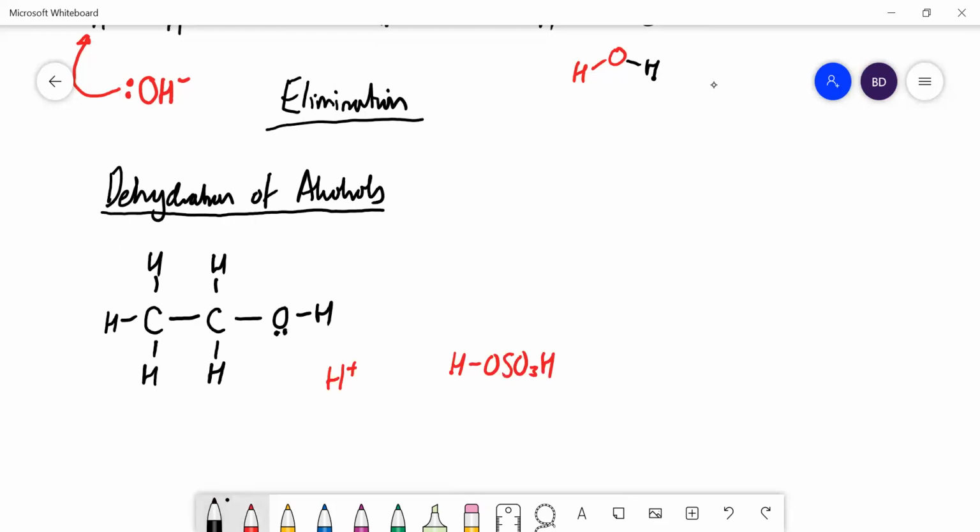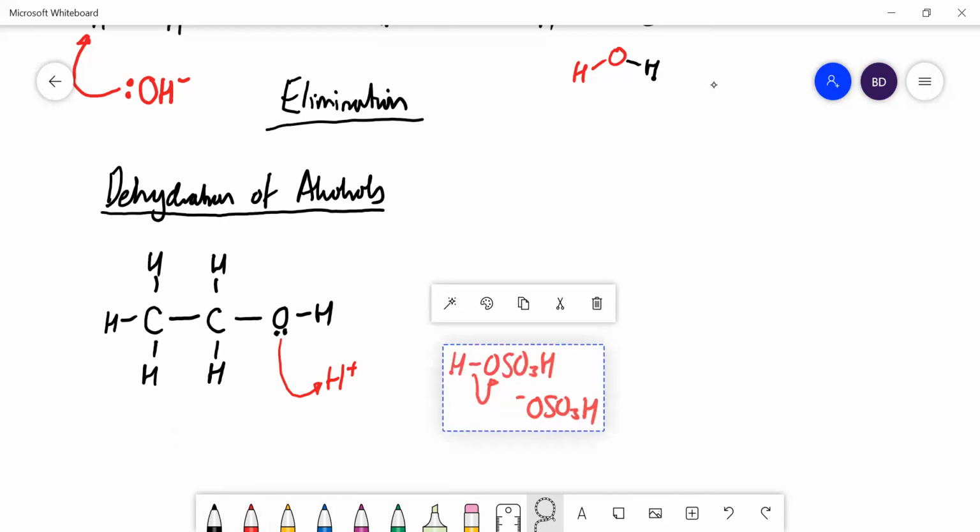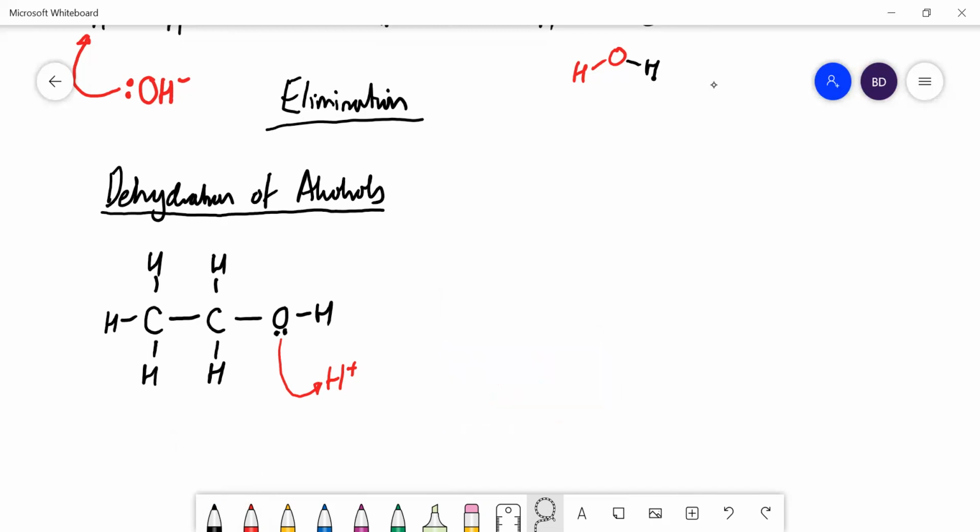You just draw one. That transfers, a pair of electrons go there to form a bond to the hydrogen. Now, if you wanted to show it, you'd show this bond then breaking to form that negative ion, but we're not going to bother doing that because we don't need to. Right, so we're going to form an intermediate.